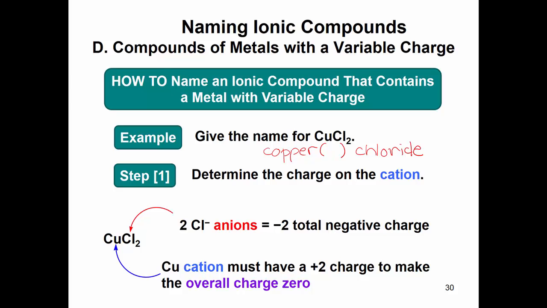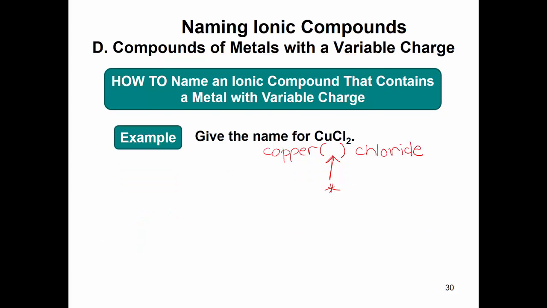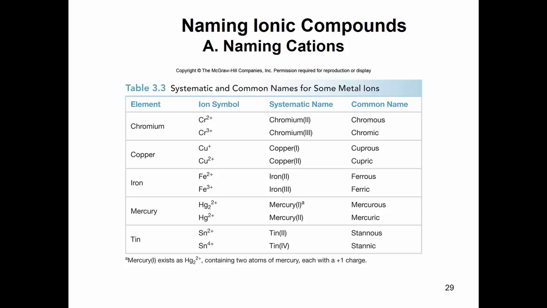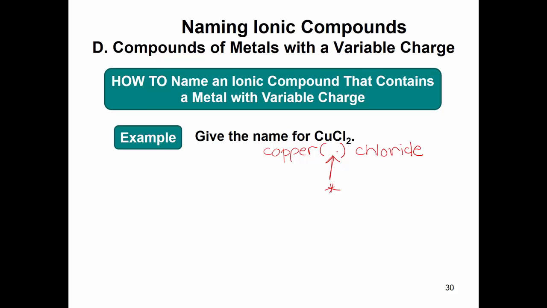What's in question here is what's the charge of the copper. So if we look back here, we can have copper 1 or we can have copper 2. And so that's what we have to represent in this Roman numeral. It does not mean that we have 1 copper or 2 copper.